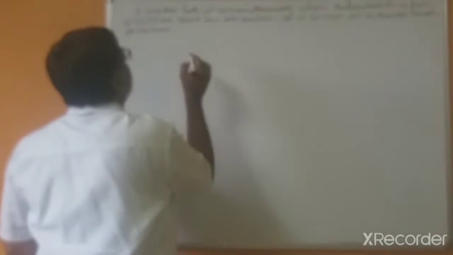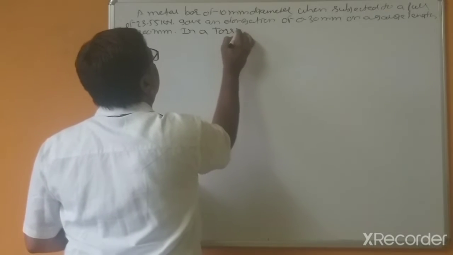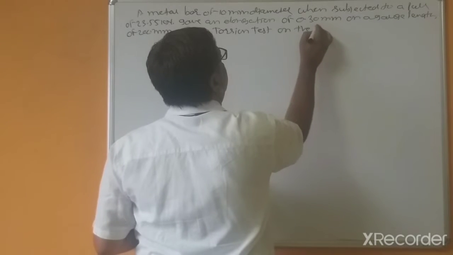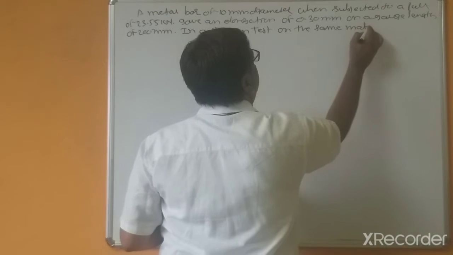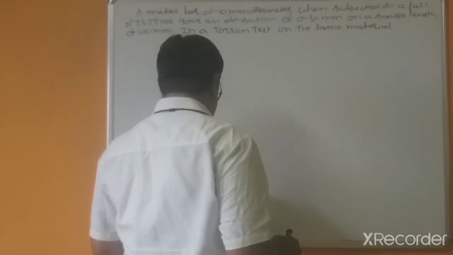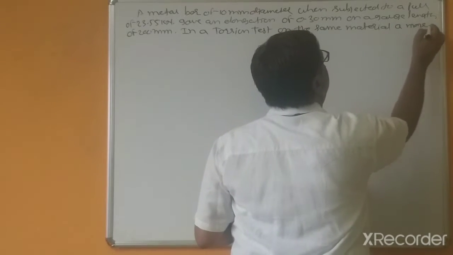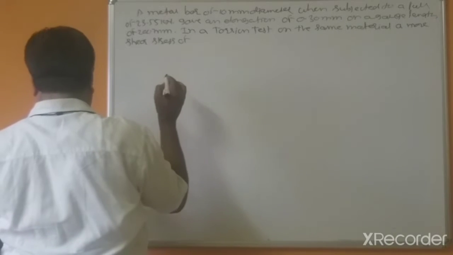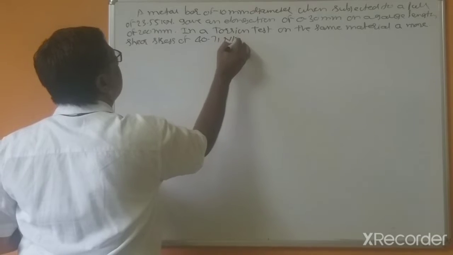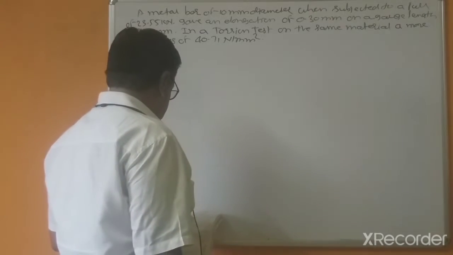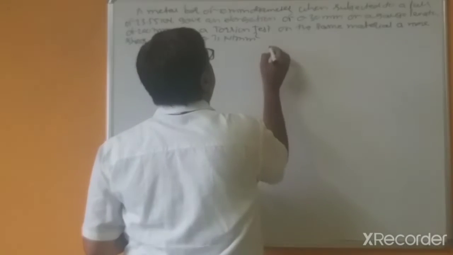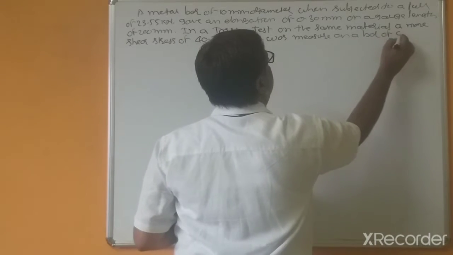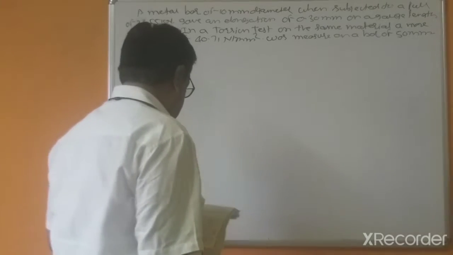In a torsion test on the same material, a maximum shear stress of 40.71 Newton per mm squared was measured on a bar of 50 mm diameter.